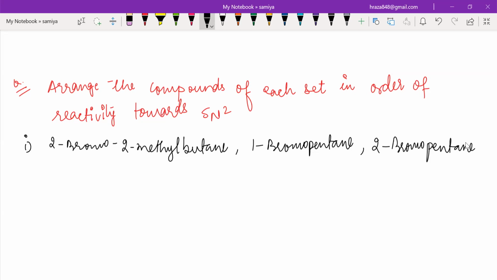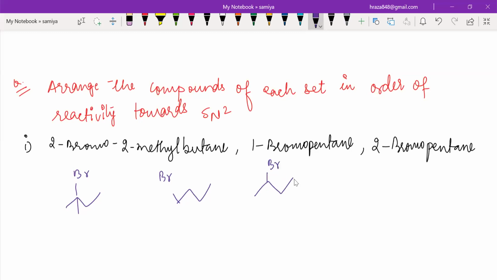Sir, 1-bromopentane, 2-bromopentane, and then 2-methylbutane. Wait a minute. Methylbutane means 4 carbons, and it will be 2-bromo like this, and 1-bromopentane means like this, and 2-bromopentane means like this.